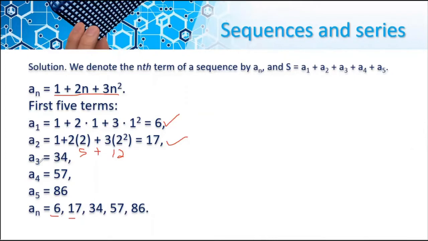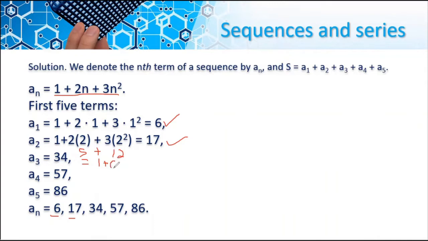The next is third term, A sub 3. So, kaya naging 34, i-verify natin. Galing pa rin doon sa set natin. So, that is 1 plus 2 times 3 using 3 as the third term.